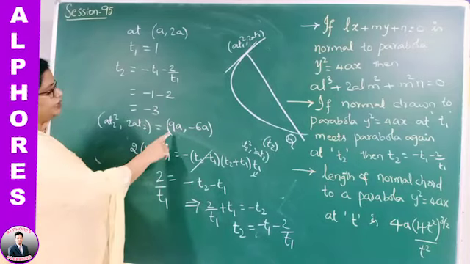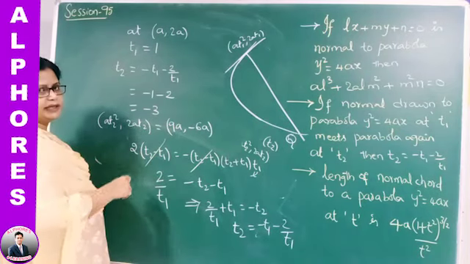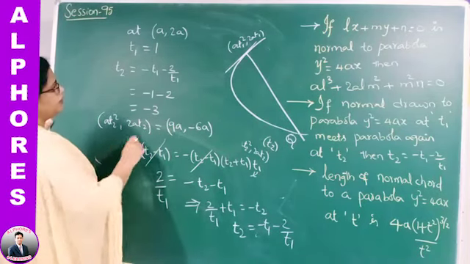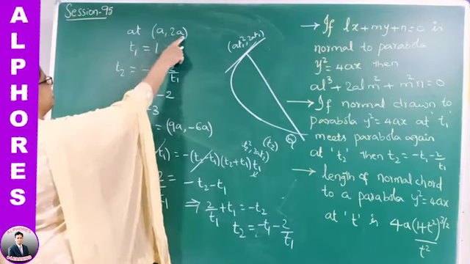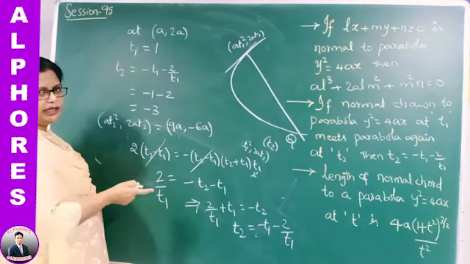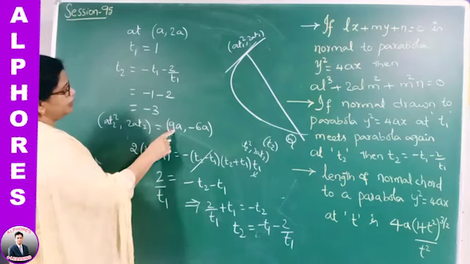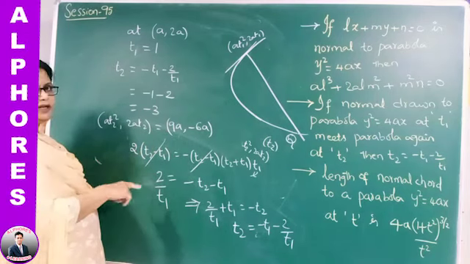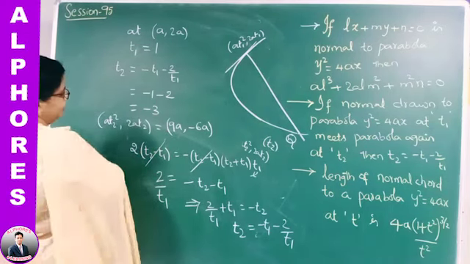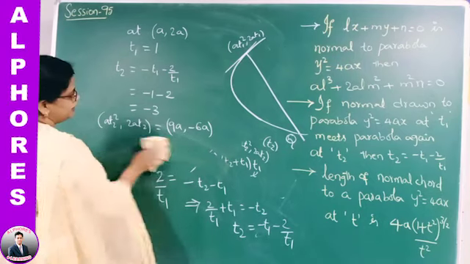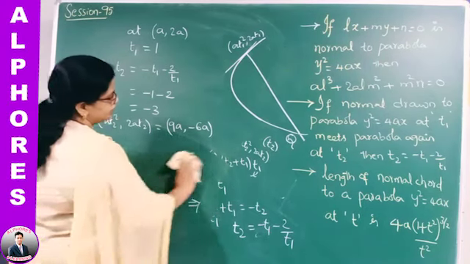Understand all of you? 9a comma minus 6a. Therefore, whenever a normal is drawn at one end of the latus rectum a comma 2a, it meets the parabola again at 9a comma minus 6a. So this one you got, students.